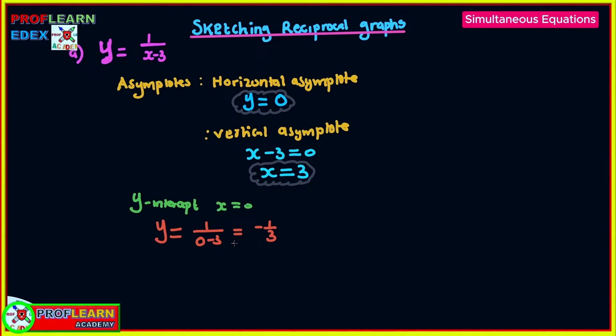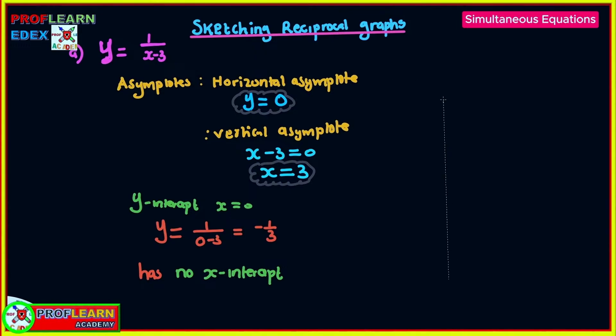So this graph is going to cut the y-axis at the point -1/3. Since the horizontal asymptote is y equals 0, which is actually the x-axis, this curve has no x-intercept.